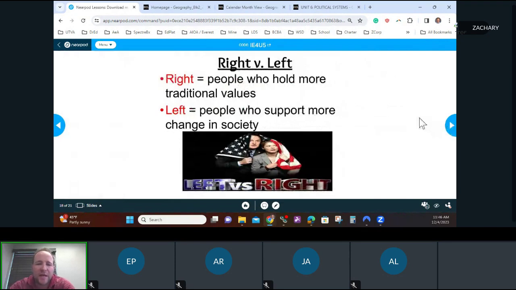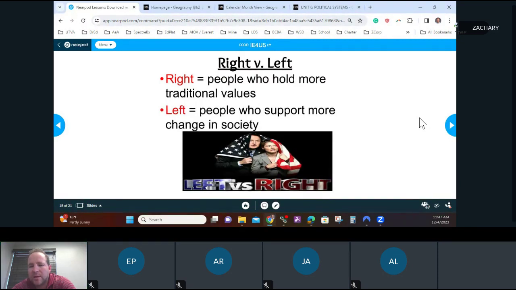So the right versus the left. I was talking about this a little bit before, where they sit, but being right are the people who hold more traditional values.